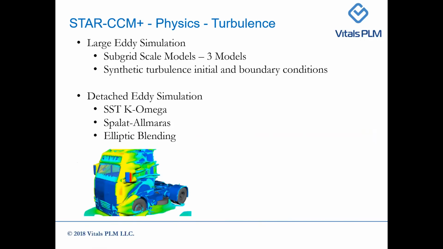It also comes with large eddy simulations and detached eddy simulations. Detached eddy simulation is a hybrid LES-RANS approach that solves turbulent structures in the core flow and covers the wall boundary layers with a RANS model. So this is less expensive compared to the large eddy simulation models.